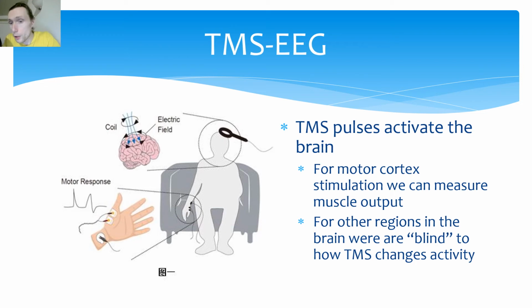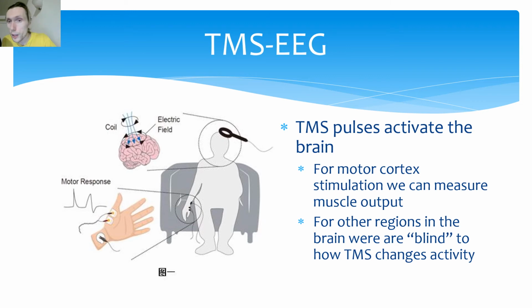That's actually quite a good output measure of what TMS does to the brain. However, that depends on having a muscle, and you can only do this for the motor cortex. For any other regions in the brain, frontal cortex, parietal cortex, auditory cortex, you name it, you're basically blind. You cannot use the EMG method.